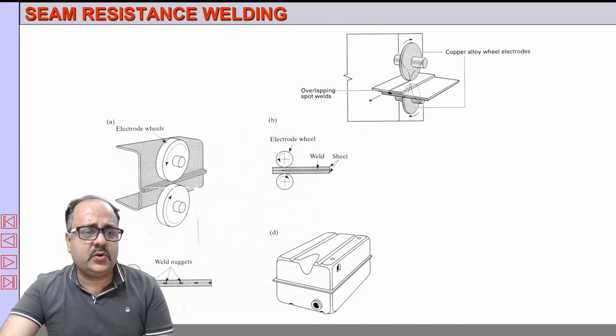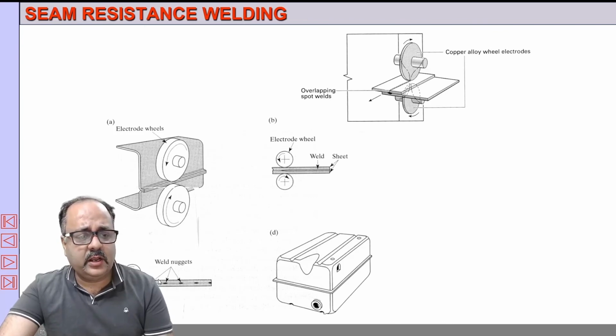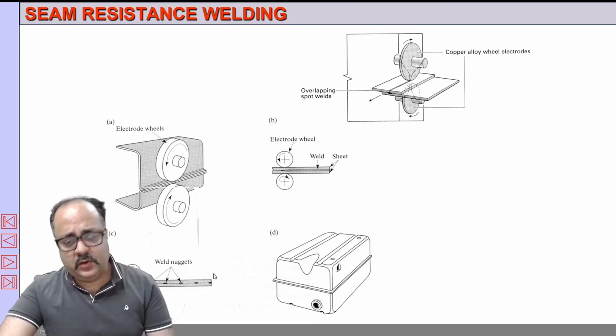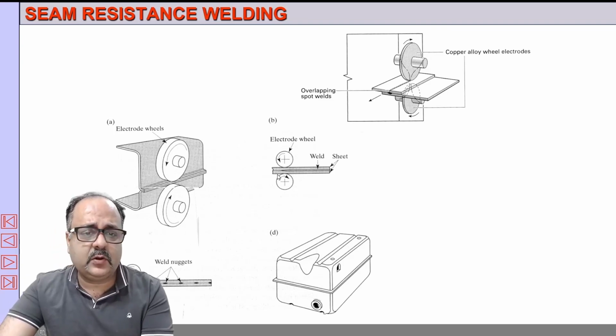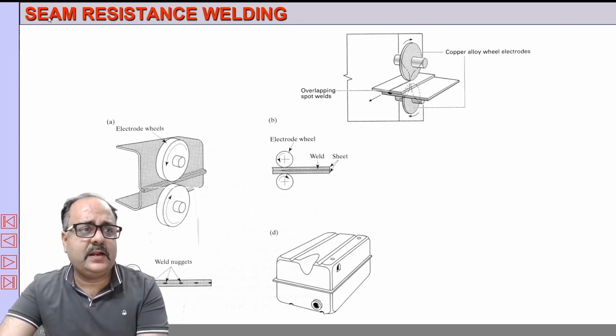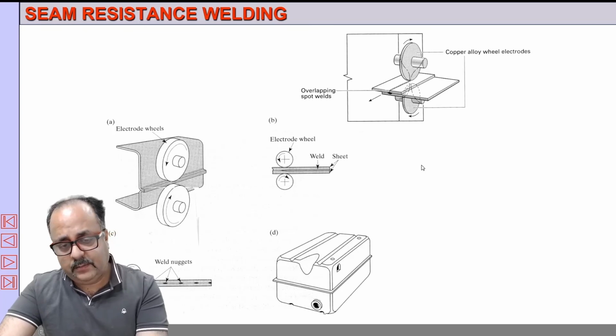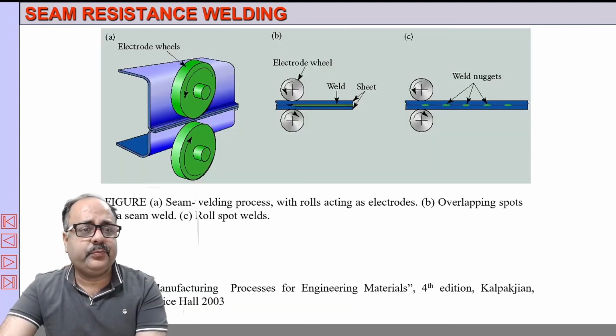If you control the speed settings, we can obtain a continuous joint, or nuggets formed at different locations, depending on how we control the current. So you can obtain a continuous seam type of welding, and that's why it's called seam resistance welding, but the process of heating remains the same. This seam is basically an overlapping nugget. This is a spaced nugget.